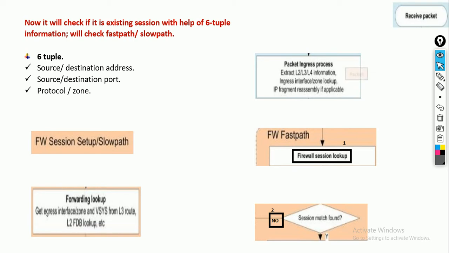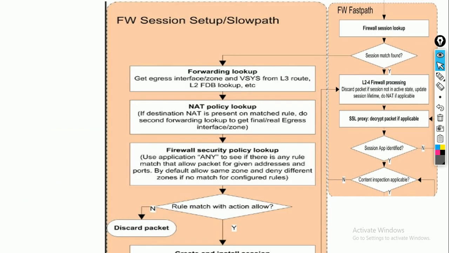Suppose all the lookups happen and everything is done, the second step is that the packet will go to the fast path, it will do the session lookup, and now it matched the session. All the subsequent packets will go directly to the fast path, they will not go to the slow path. And the packet will be sent to the egress.